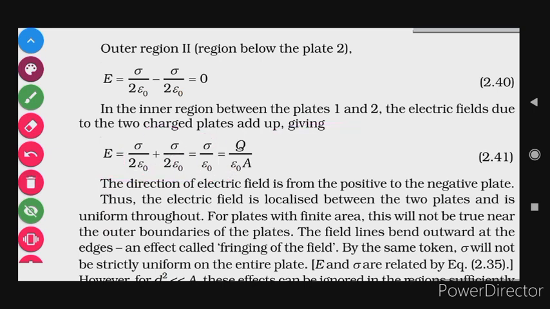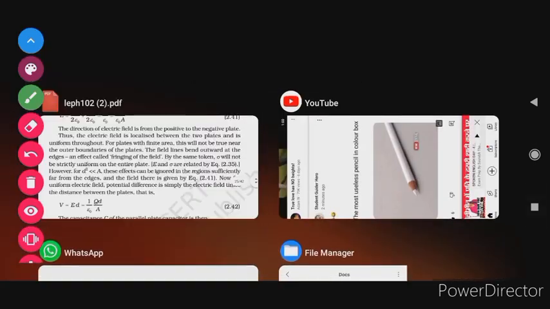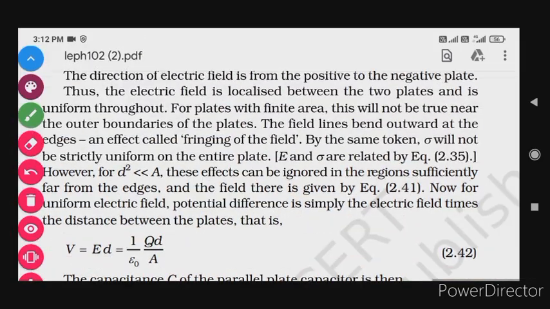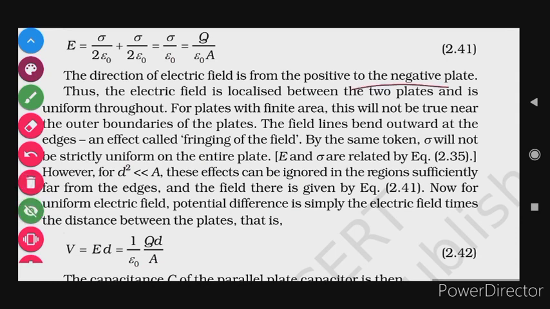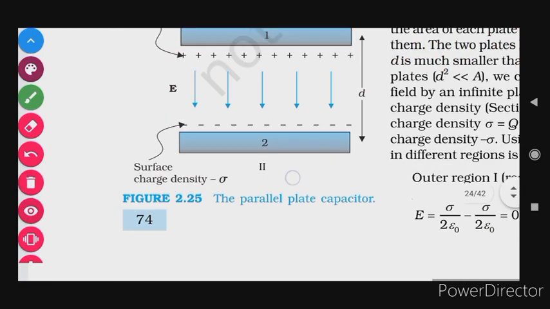And what is sigma? Sigma is Q by A. So this is the electric field in the region inside the two plates. The direction of electric field is from the positive to the negative plate.